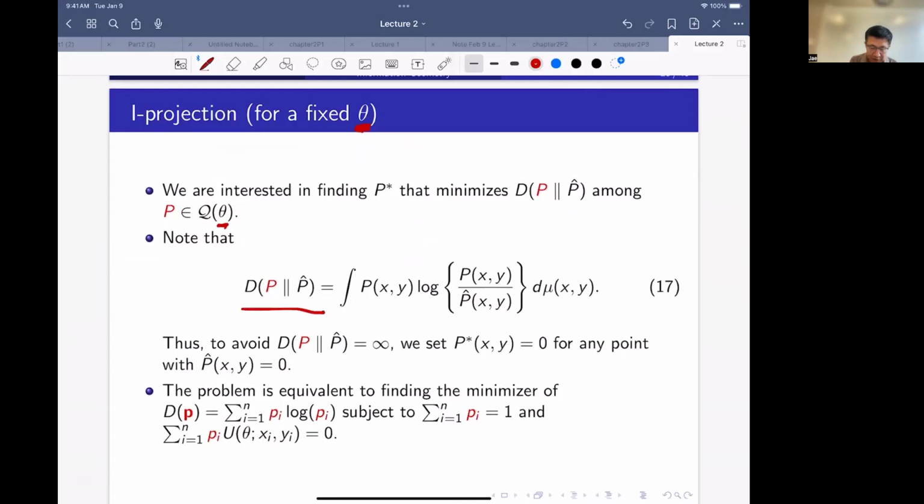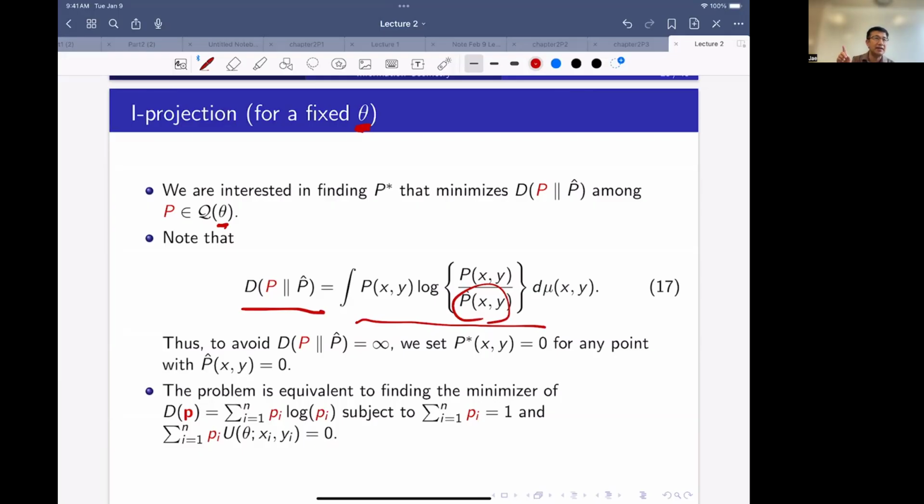But notice that if you view this Kullback-Leibler divergence carefully, you have something like this, okay? And then the denominator is a point mass, right? You have an empirical distribution, so the denominator is the empirical distribution. That means the denominator can take zero values outside the realized sample, which will make the log function go to infinity. But you are interested in minimizing it. So whatever the solution is, it must be finite.